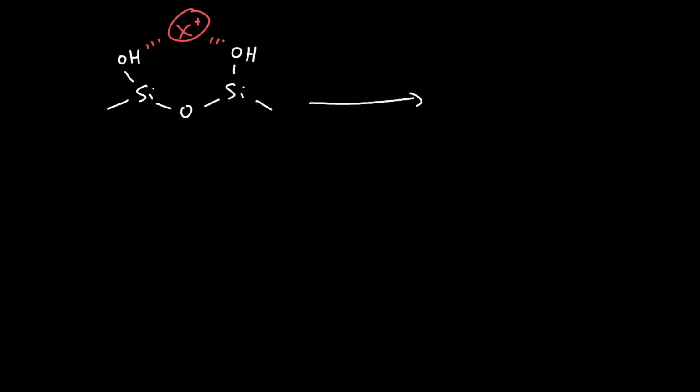One of the problems with glassware is that the surface of the glass is essentially something that looks like this. We've got these OH groups on silica, and cations, X positive, can bind to these hydroxyl groups and can stick and contaminate your sample. One way we can remove this is with an acid wash.